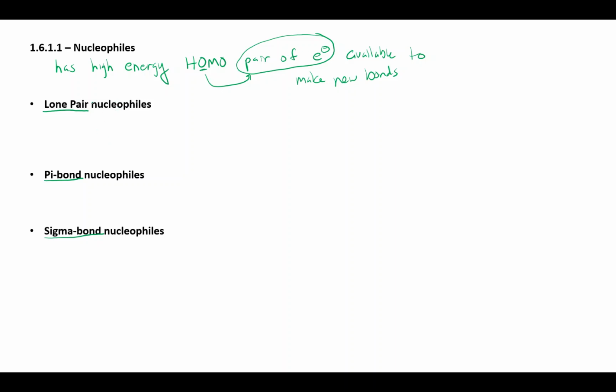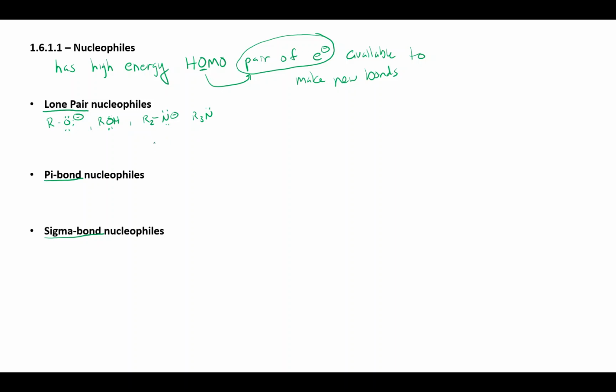All right, lone pair nucleophiles, these are the ones that you think of when you think of nucleophiles. These are things like, right, negative oxygens, neutral oxygens, negative nitrogens, R2N minus, neutral nitrogens, right?